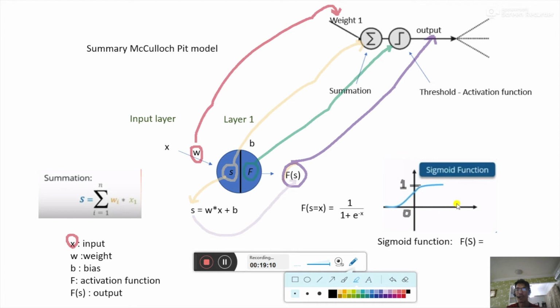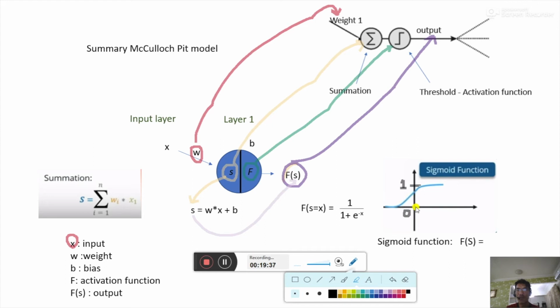Whatever the input, the output will be between 0 and 1. If S is negative, the value will be around here.